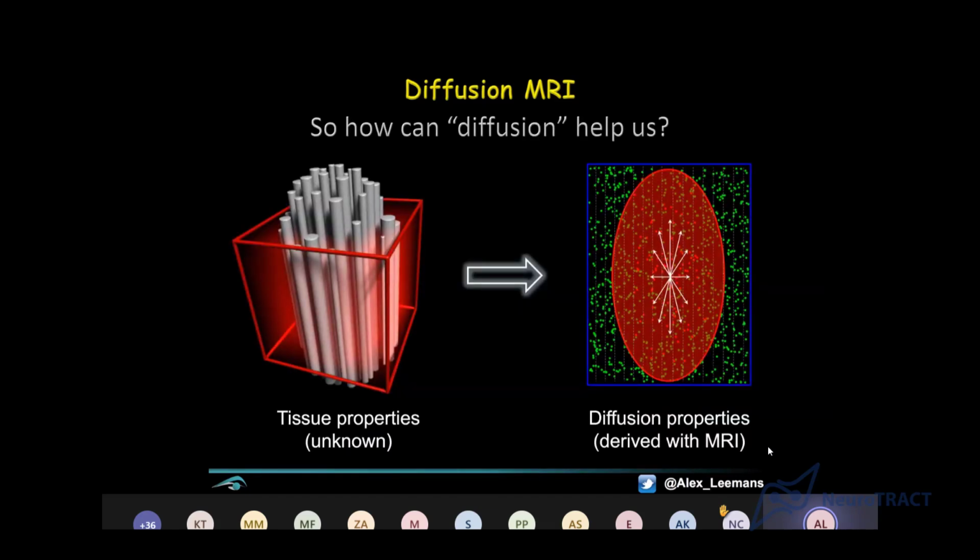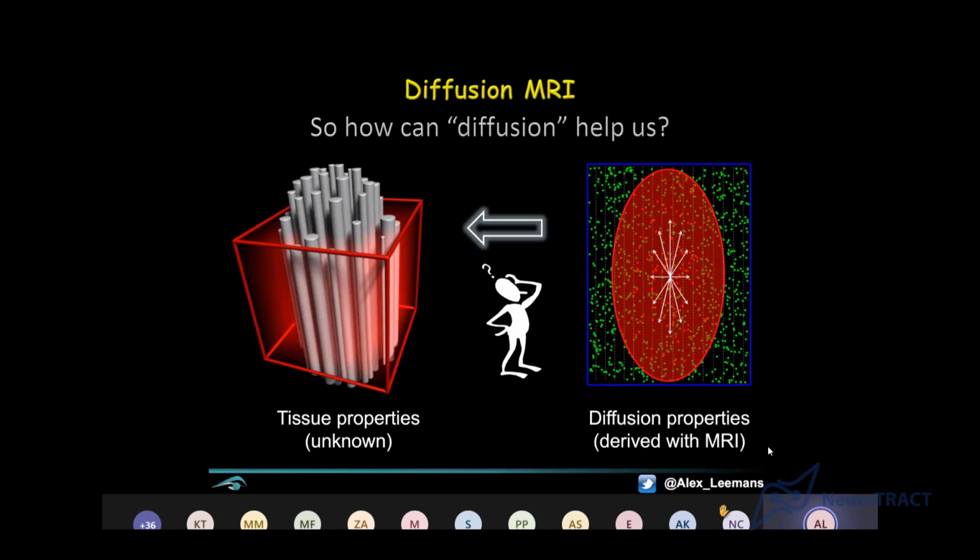So the cool thing is, if we have tissue in the brain, like this fiber structure, that causes your diffusion to be anisotropic, and if we can measure the diffusion profile, then we could say something about the tissue properties.